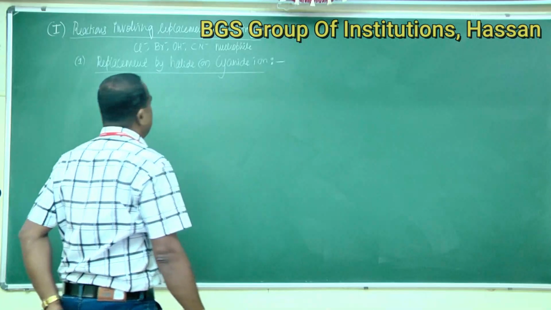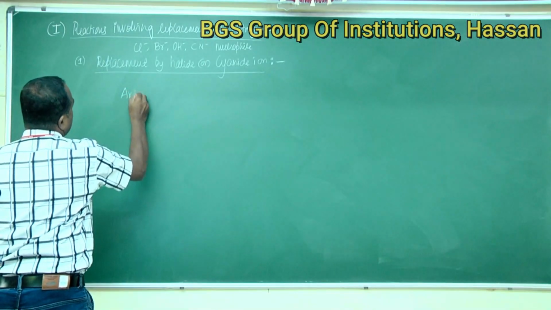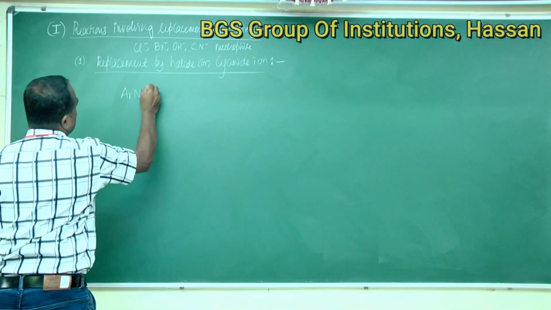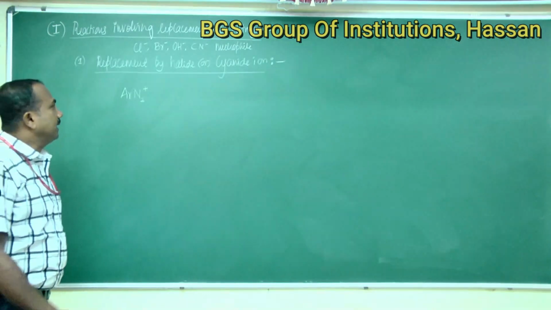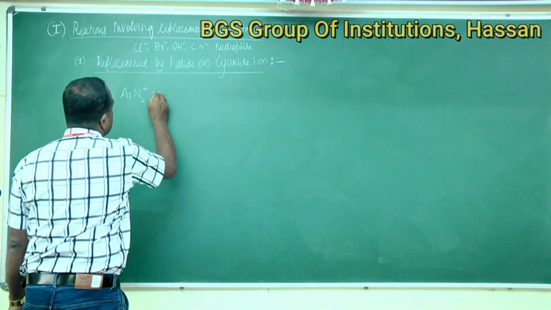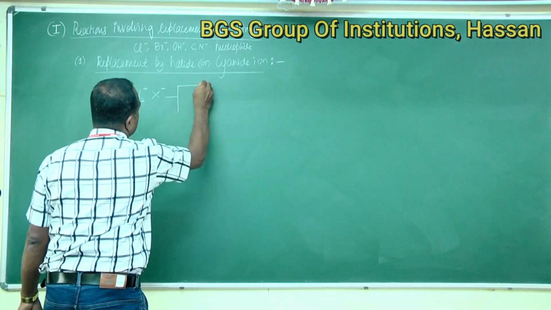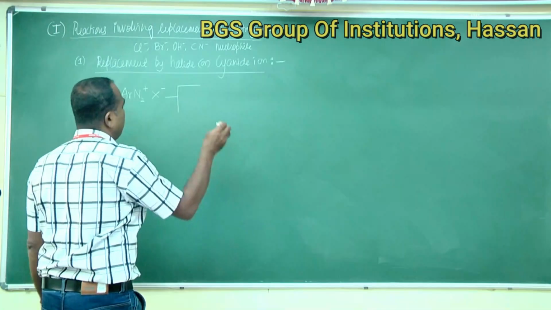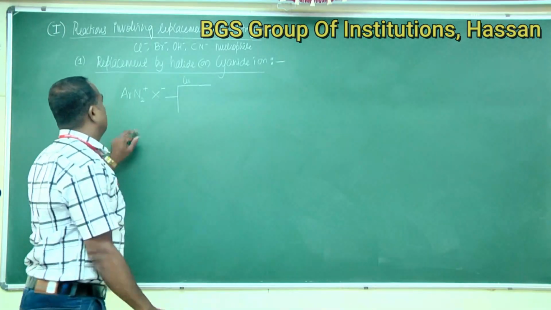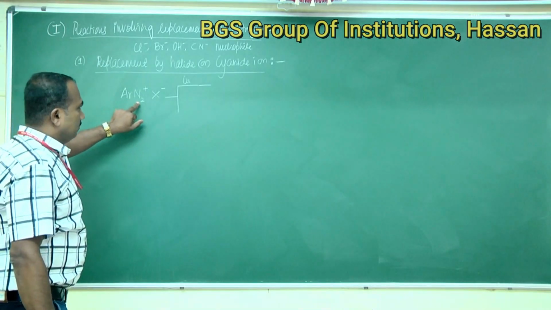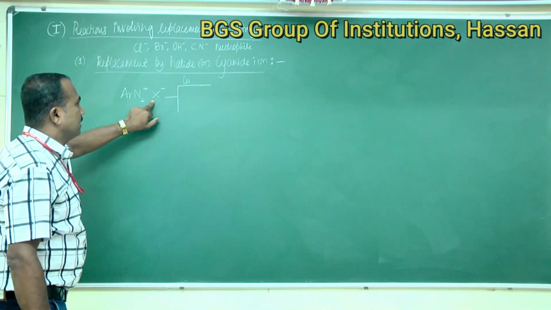Benzene diazonium chloride, that is aromatic diazonium salts, ArN2 plus X minus.